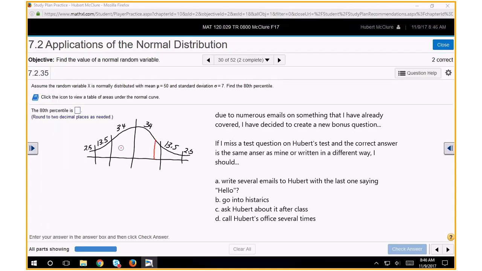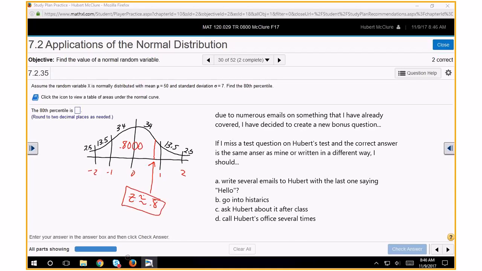Or 80, I keep thinking it's 81. So we're talking about 1, 2, 0, -1, -2. I'm going to say z is approximately 0.8, and that's by guess.